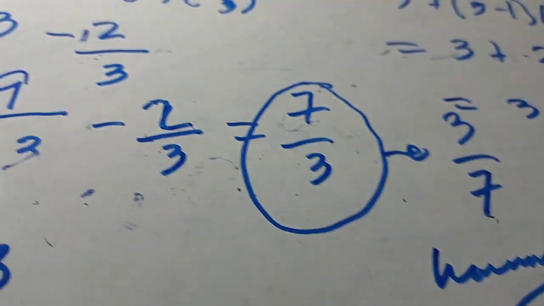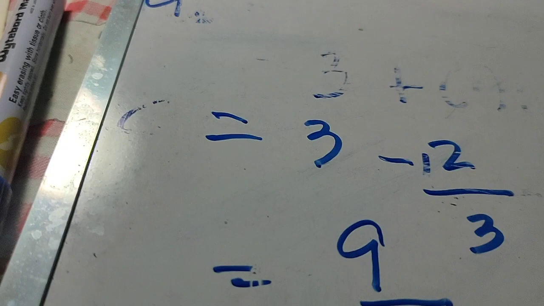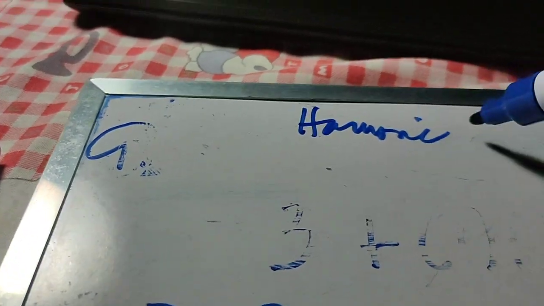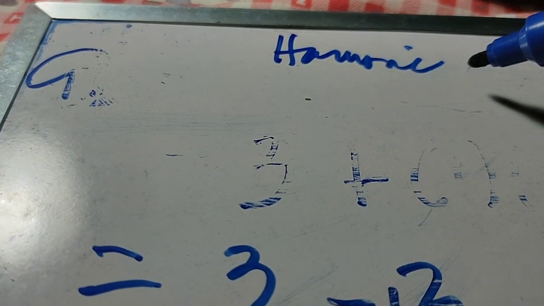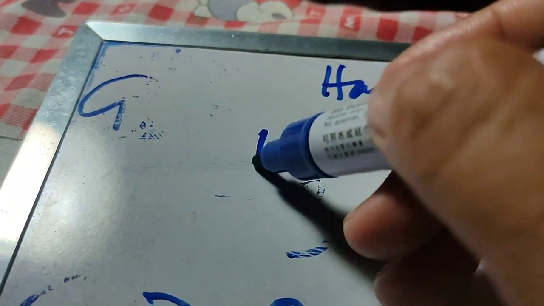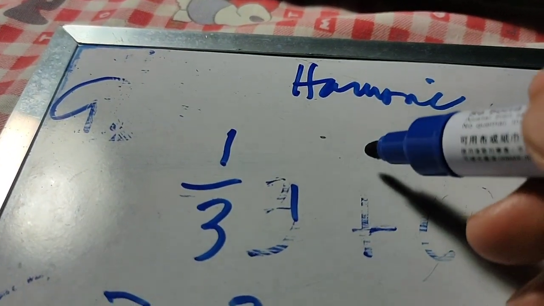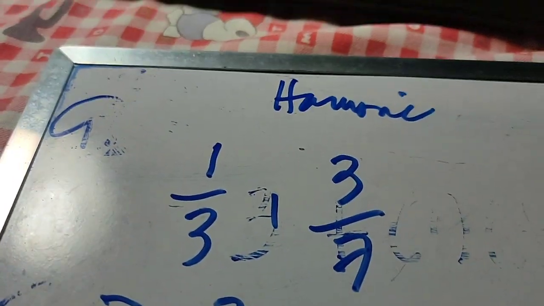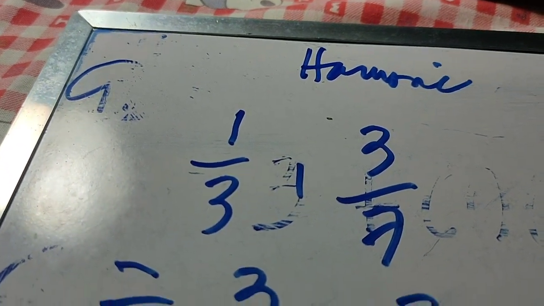So to present them all here, we have the first term in the harmonic sequence as given, 1/3. Then the second term is 3 over 7. Then the next term is 3 over 5.